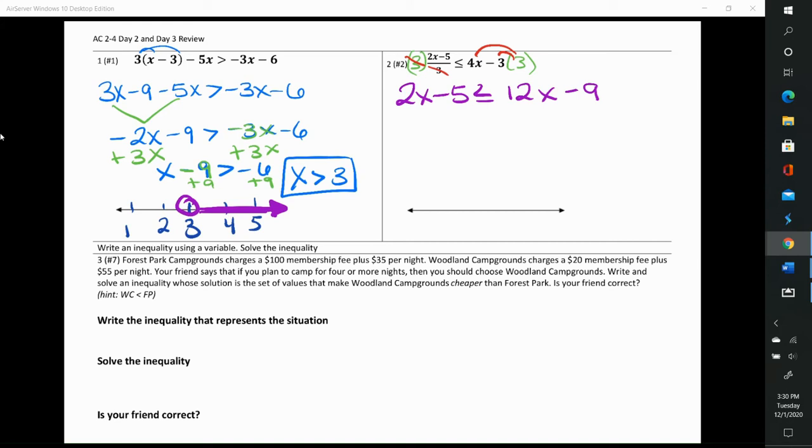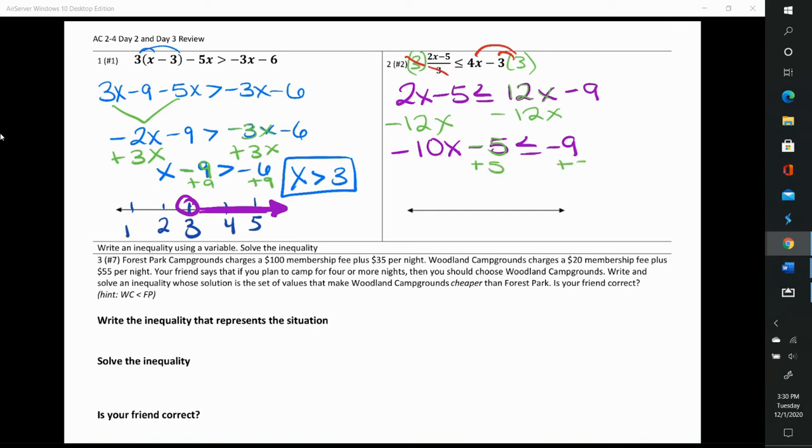So now again, we want to move variables to the left side, the constants to the right. So this positive 12x, I'm going to subtract it to move it to the left. 2 minus 12 is negative 10. Next, we're dealing with subtracting 5.